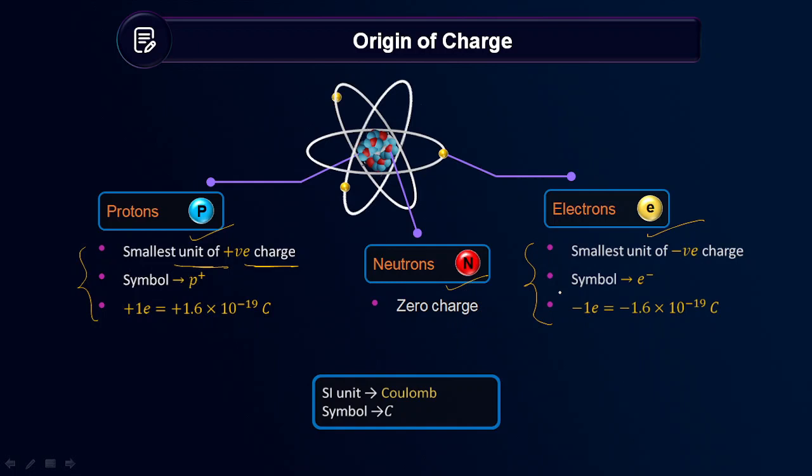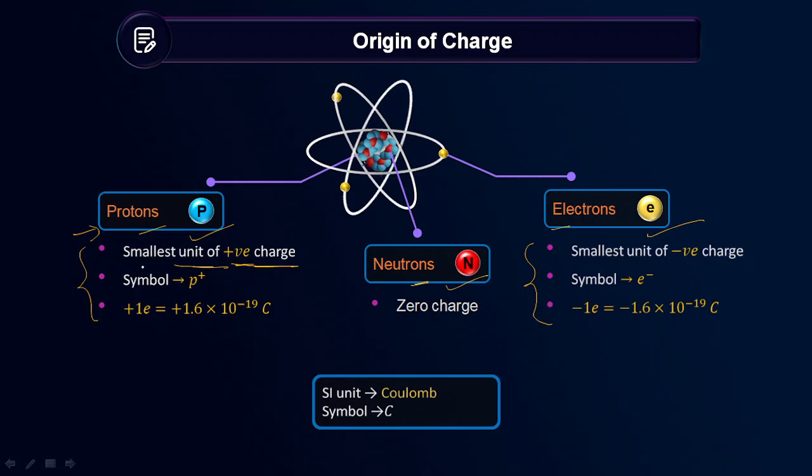He said that whatever objects show the behavior of attraction or repulsion, they will have some element, and he named it positive charge and negative charge. Later on, as science advanced, they found that there are three types of fundamental particles: proton, electron, and neutron.